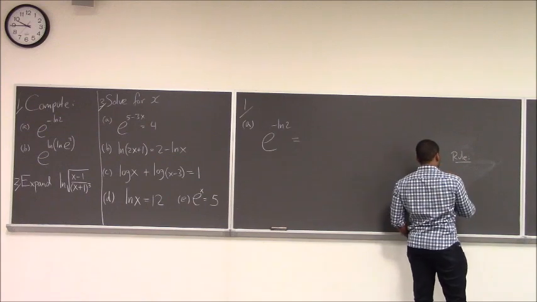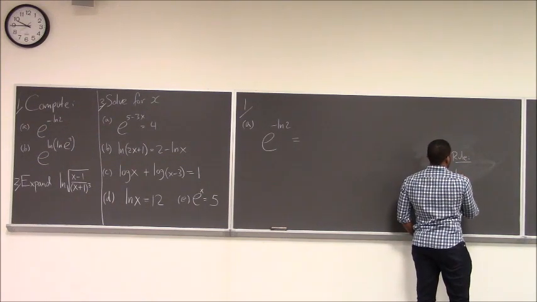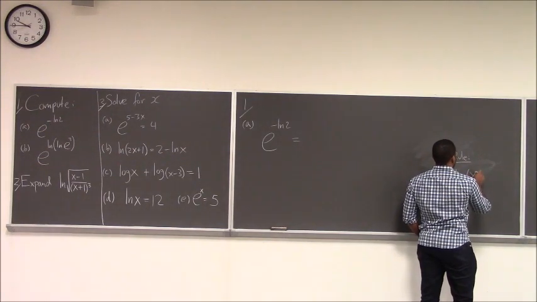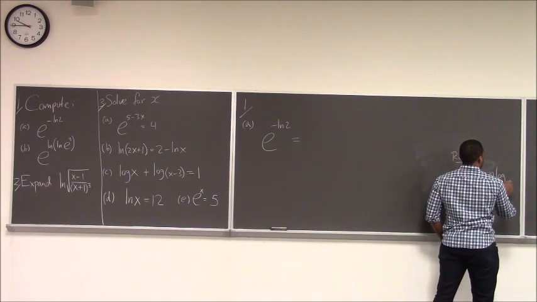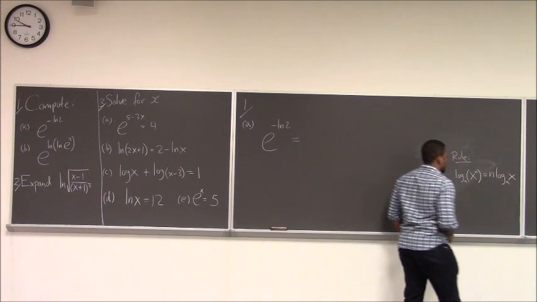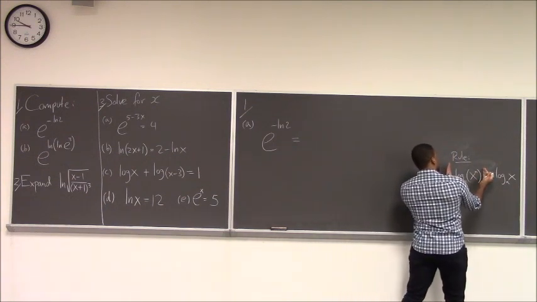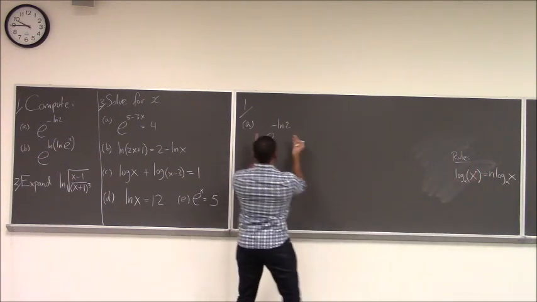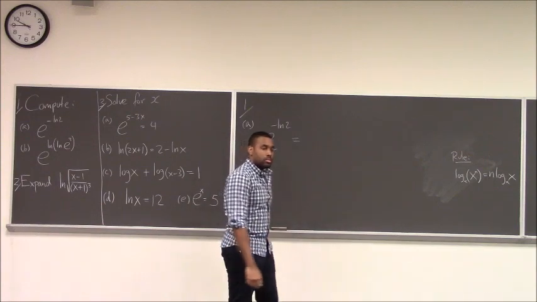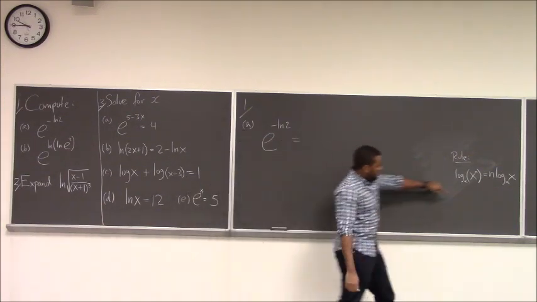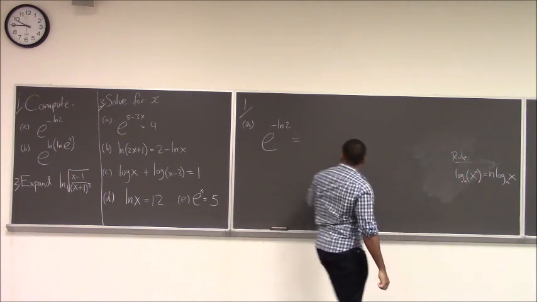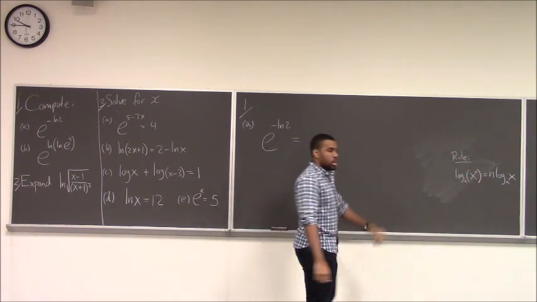The rule we had said, if we have log to the base a of something to a power, we can take that power and move it down in front. But do we have something that looks like this here? No, this is a logarithmic expression. This is an exponential expression. That rule does not apply.